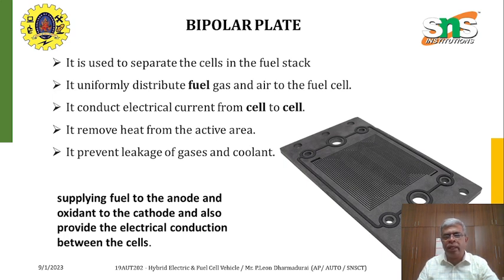It distributes the hydrogen and air to the fuel cell according to the requirement, and it is also used to conduct the electrical current from cell to cell and to remove the heat from the active area, because while electricity is produced in the fuel cell, an enormous amount of heat is generated that should be dissipated to maintain the material properties, or otherwise the fuel cell performance is reduced. And it also prevents the leakage of gases and coolants.